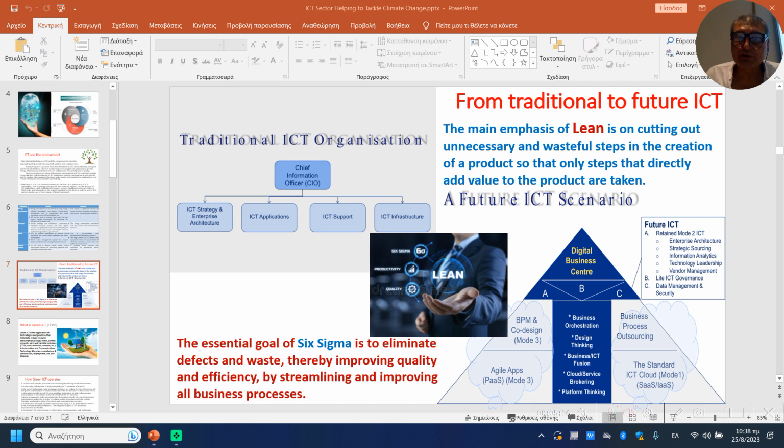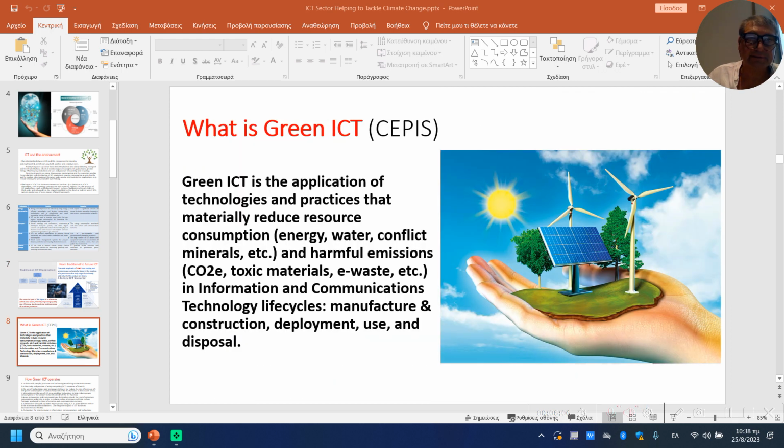One of these technologies is the lean technologies, and the other is Six Sigma technologies. One is dealing with optimizing of processes, the other is dealing with optimizing the so-called redundant steps of technologies. Both have a very big impact on reducing ICT negative effects.